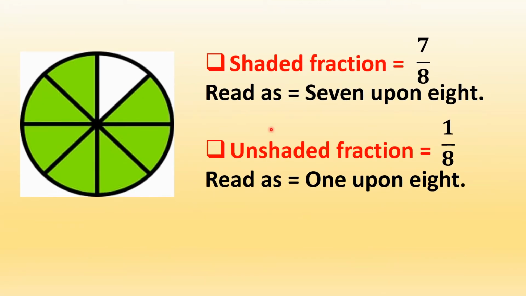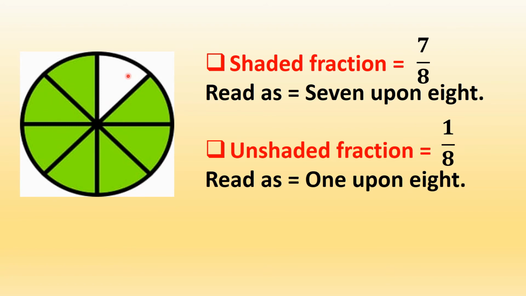Now the second example. In this figure a circle is divided into 8 equal parts. Okay, now 7 parts are colored and 1 part is not colored. So 1, 2, 3, 4, 5, 6, 7. This is the shaded fraction. So write 7 here, and the whole means total parts 1, 2, 3, 4, 5, 6, 7, 8.